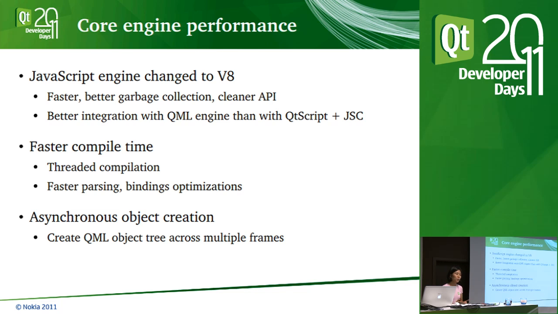So in QtQuick 1, we use JavaScriptCore only through the QtScript module, and that additional wrapper layer adds a bit of a performance hit. And additionally, just being able to use the V8 API directly from QML allows us to use some other V8 API features later on without too much hassle.